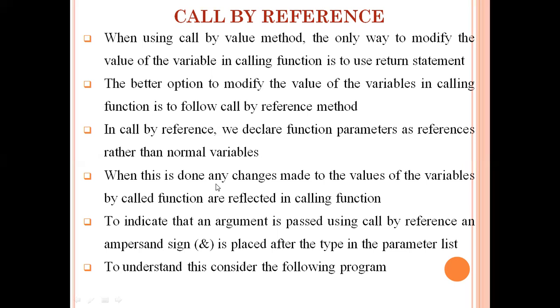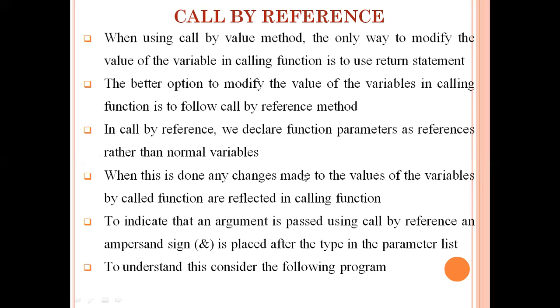When this is done, any changes made to the values of the variables by the called function are reflected in the calling function too. Here the calling function doesn't pass any values of the variables. Instead, it passes the address of the memory location of the variables to the called function.